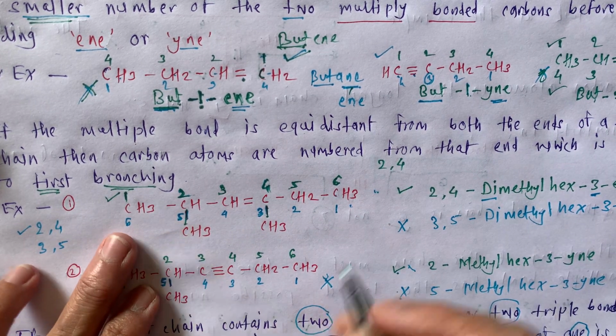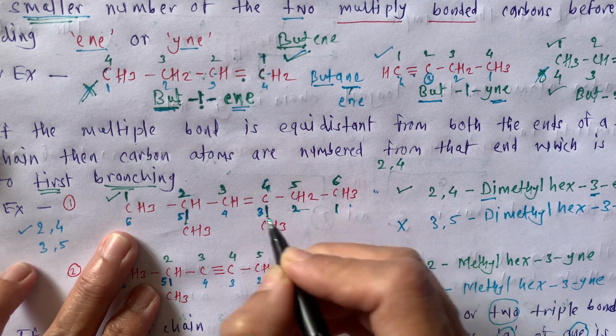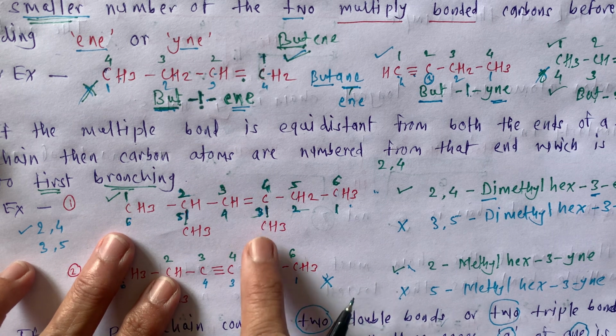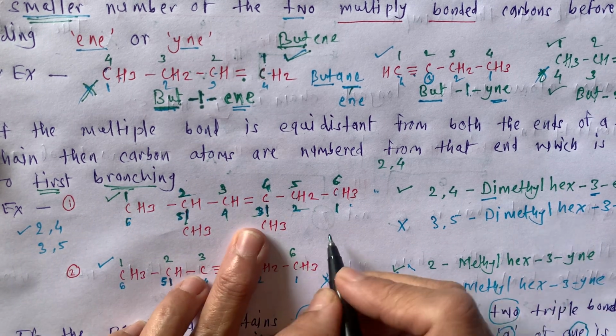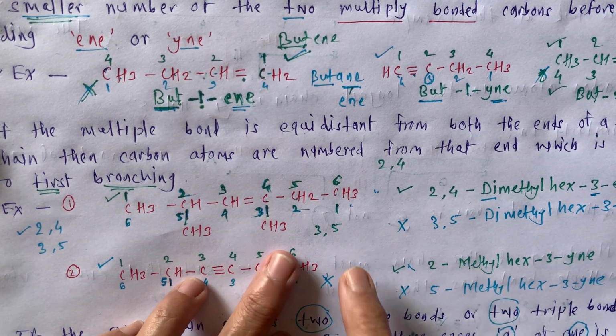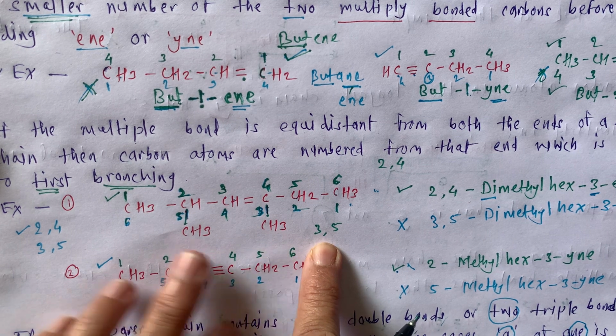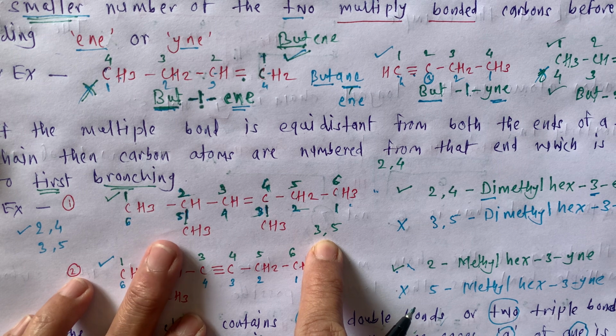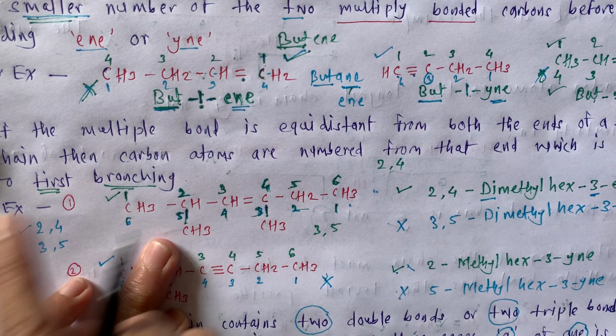But if you number from this way, 1, 2, 3, 4, 5, 6, it comes to the set of 3 and 5. And what is our criterion? Our criterion is that it should be nearer to the first branching.